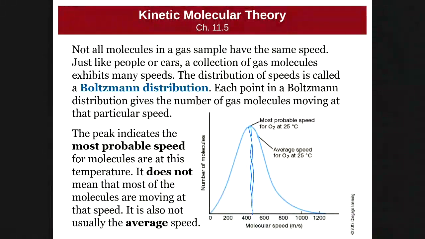So that means that the average is not going to be the peak. It's going to be slightly to the left or the right of the peak, depending on the shape. And I think in most cases, if not always, for gas molecules and for Boltzmann distributions, the average speed is going to be higher than the most probable speed.